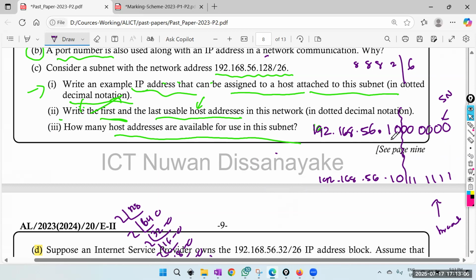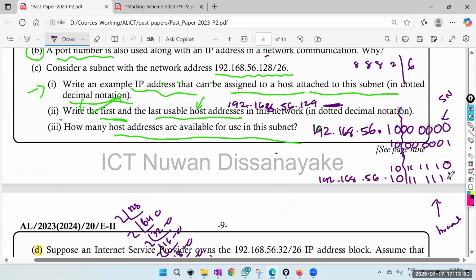The first usable host address has host bits 0000001. Because this is 128, then 128 plus 1 is 129. So the first usable address is 192.168.56.129. The last usable address is not this one. It is this less 1.